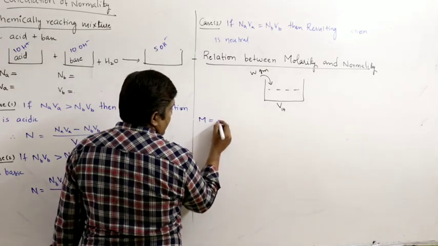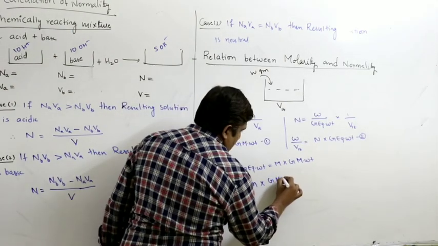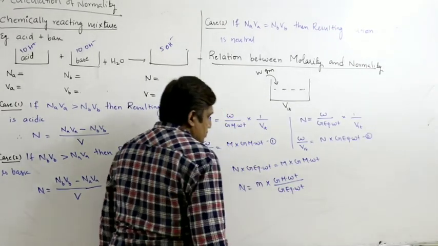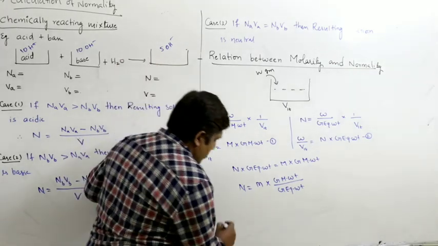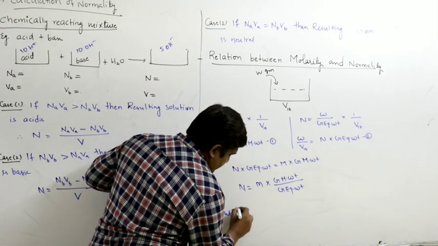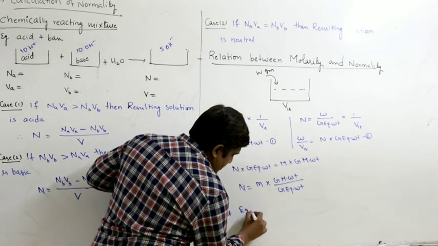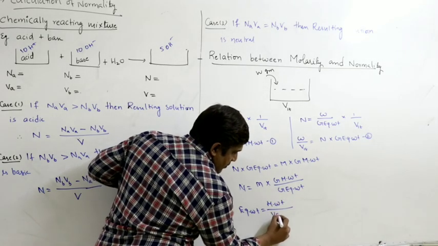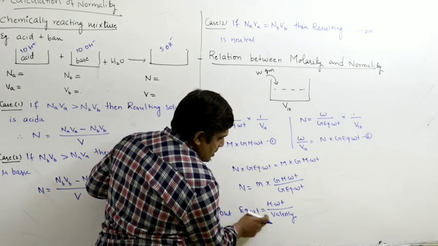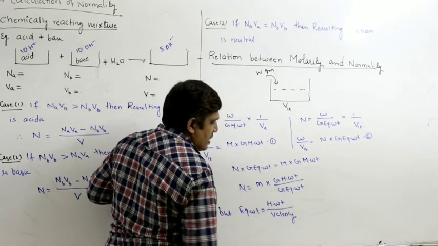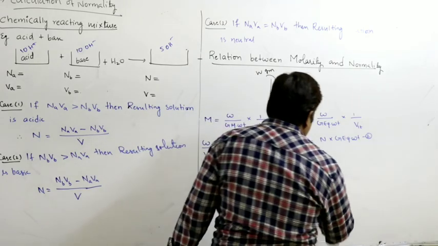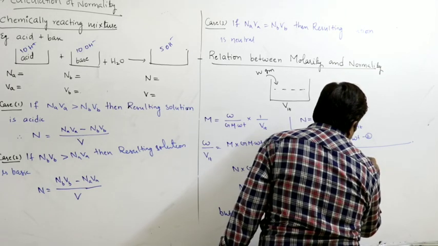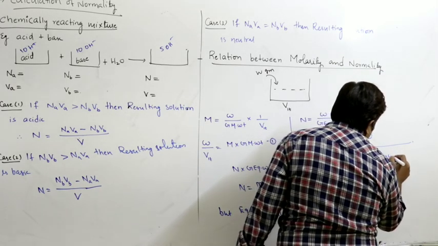Molarity is equal to weight of solute by gram molecular weight, per volume. Now, what is gram equivalent weight equal to? Equivalent weight is equal to molecular weight of the compound by valency. So substituting this here, what I will get? Normality equal to molarity into valency, or n factor.